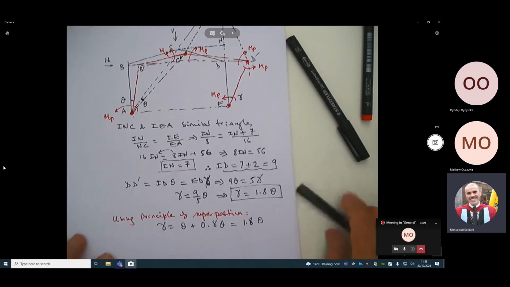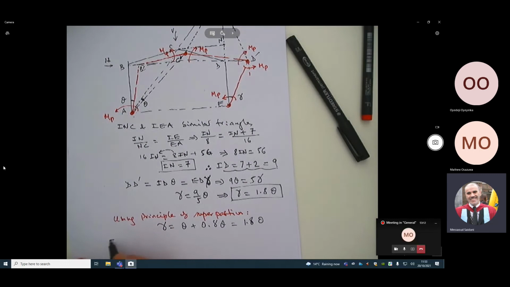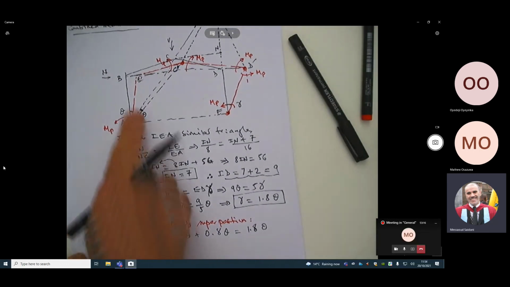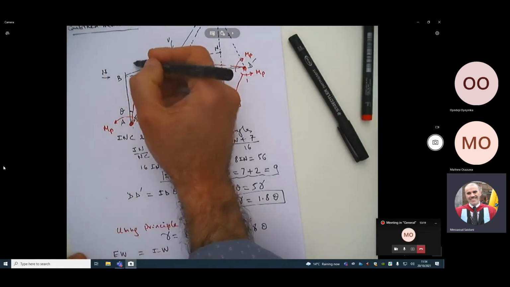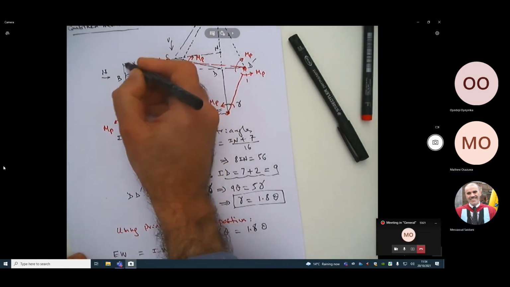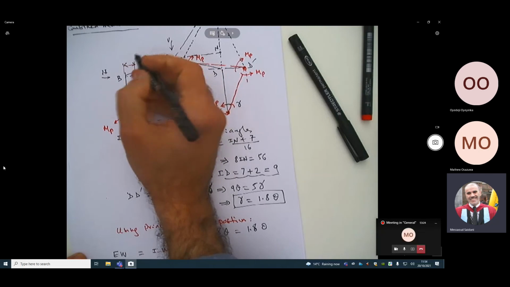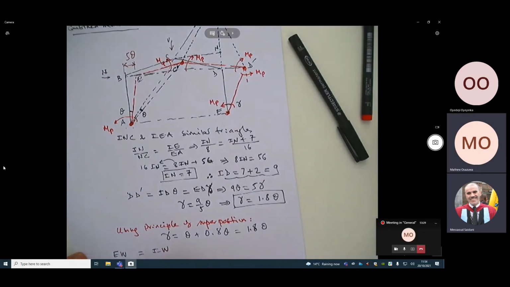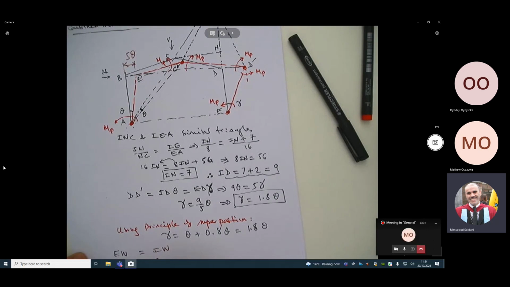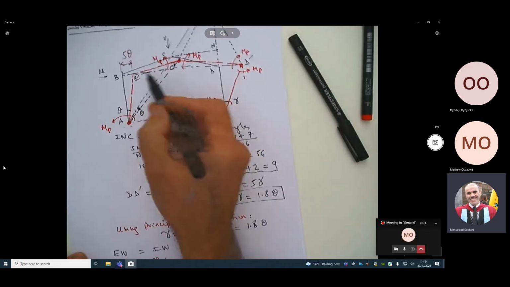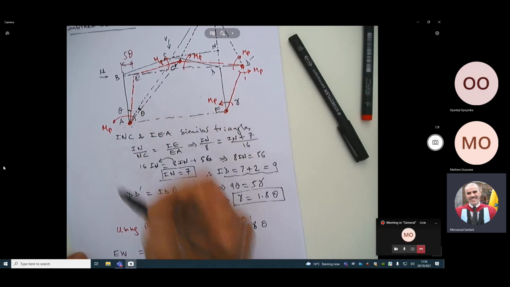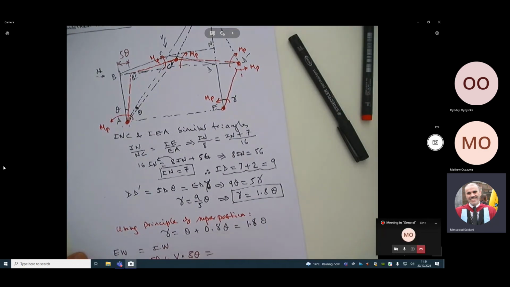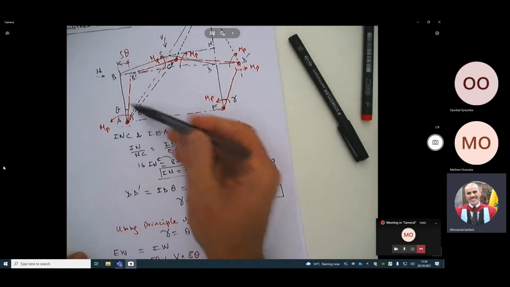Now we can do the external work and the internal work. For the external work, we have H times the displacement, which is 5 theta, plus V times 8 theta, equals, at A, MP theta.